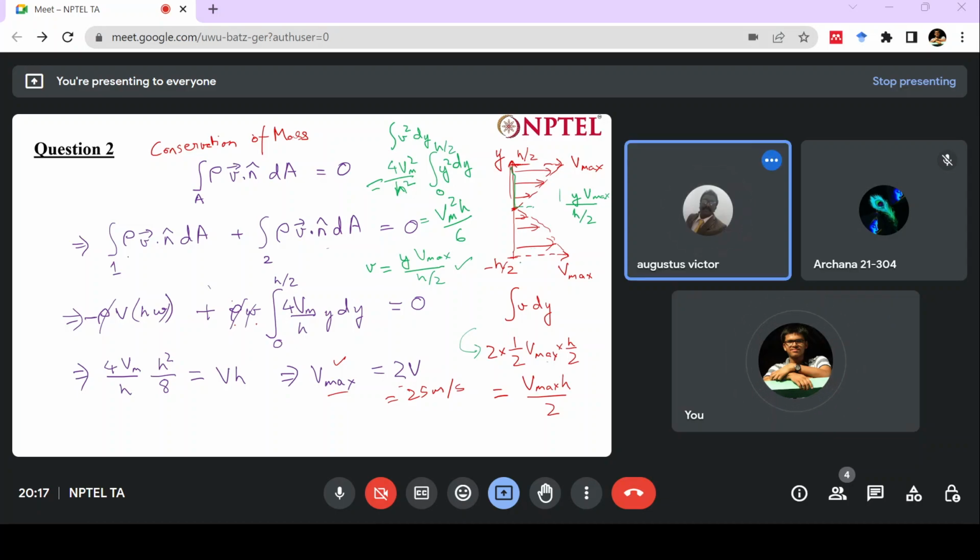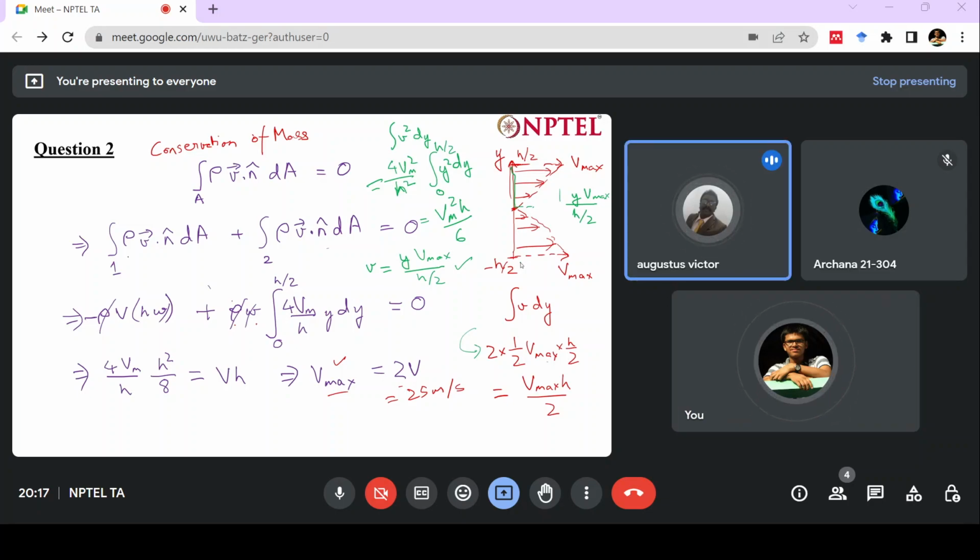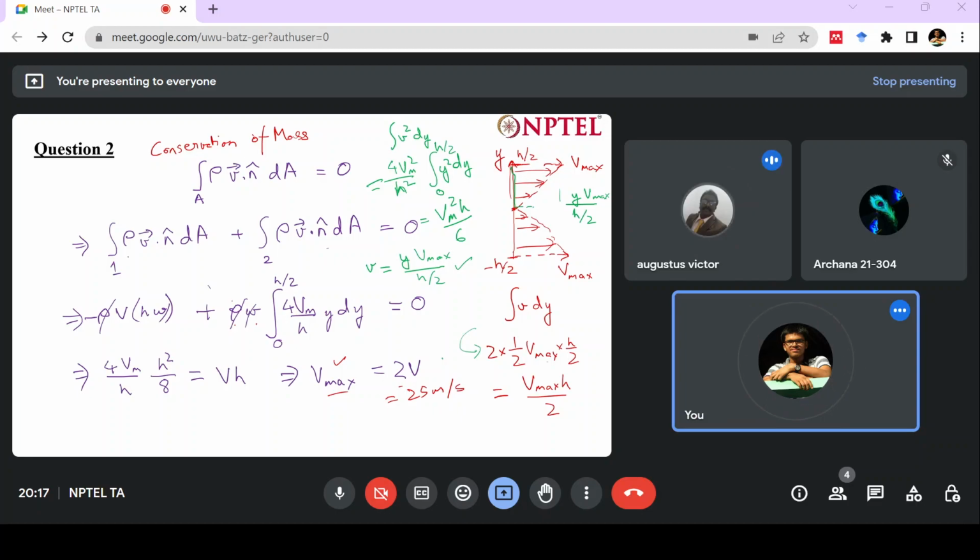It is a degree 2 polynomial, a degree 2 function, so y square is there. That's why I cannot simply use my triangle area formula to solve this integration. I need to know how my v varies with y to integrate.